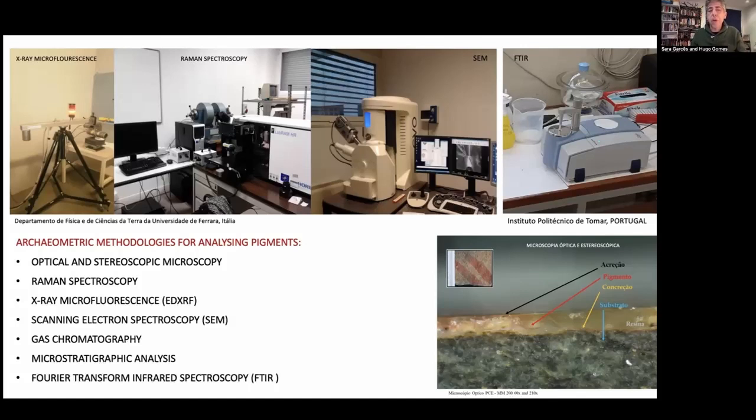X-ray microfluorescence, scanning electron microscopy, and in particular, when we start to think about the recipes that could be made by prehistoric people, we add, for example, gas chromatography and FTIR analysis, because we start to identify some of the organic part that usually with Raman, with XRF or with SEM is not so easy to identify.